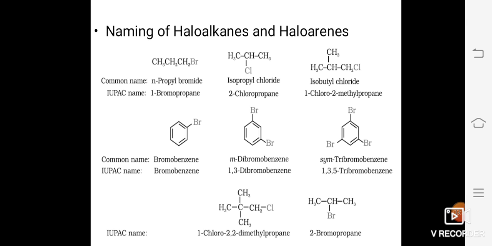In the next example, the benzene ring has 2 bromine atoms. 2 hydrogens are replaced by 2 halogen atoms, and the halogen atoms are present at the meta position, and hence the common name is meta-dibromobenzene, and the IUPAC name is 1,3-dibromobenzene.